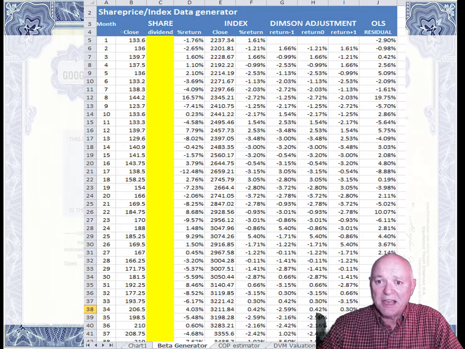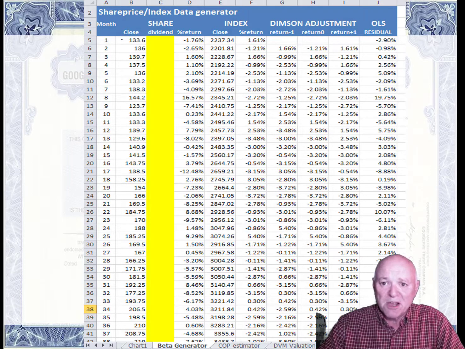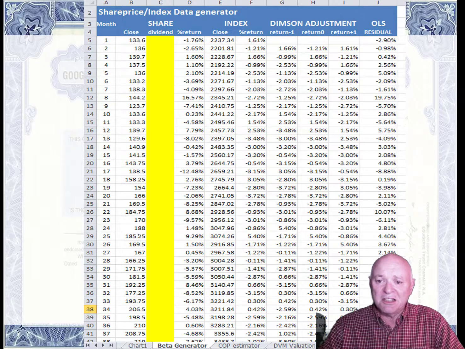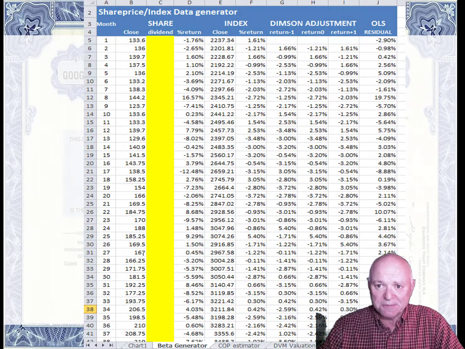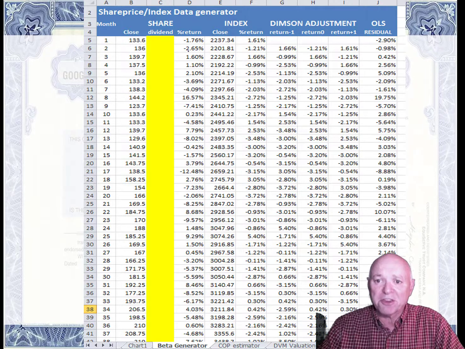To start with, we had a total of 60 months, 5 years of monthly data that was downloaded for Disney, for Walt Disney Corporation. And in column B, you can see we have a lot of numbers that represent the closing stock prices. In column D, we have got the change from one month to the next.